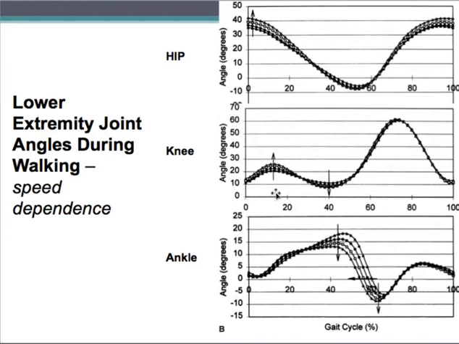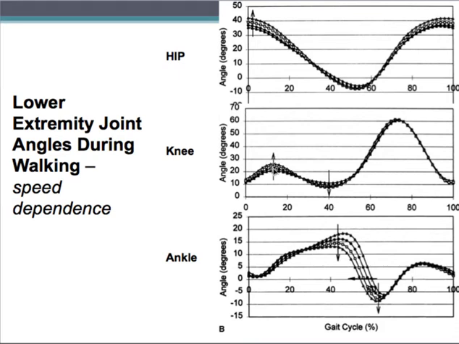So if we look at the knee, we can see that there's 2 points that are significantly associated with speed. One is increased knee flexion at the end of weight acceptance, or the transition from weight acceptance to mid stance, and we can see that it's happening here. There's increasing knee flexion with increasing speed.